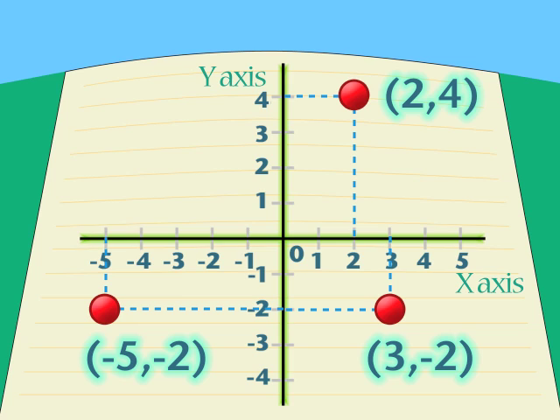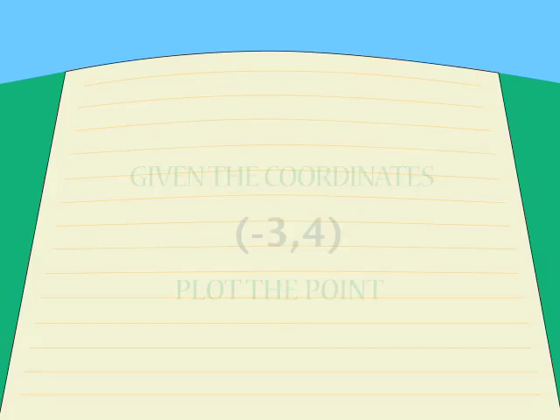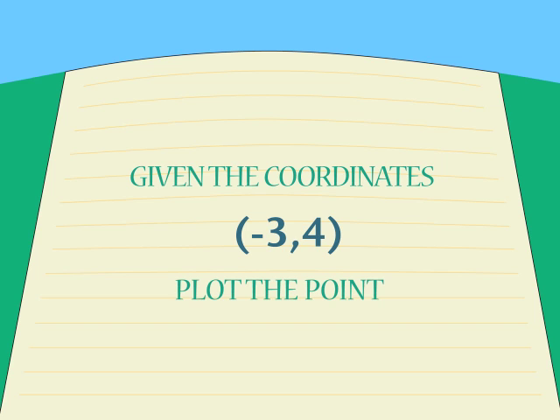That's all you need. It's just that simple. So far we've learned to do two things, which are really just two sides of the same coin. If we're given the location of a point on the Cartesian plane, we can determine its x and y coordinates. Or, working in the other direction, if we are given a set of coordinates, we can plot the exact location of the point on the coordinate plane.